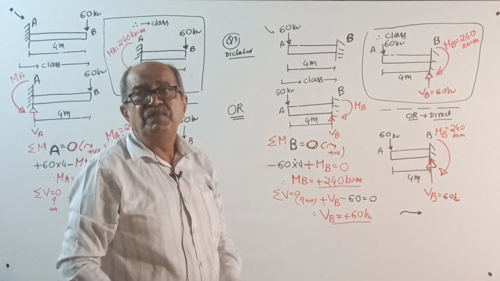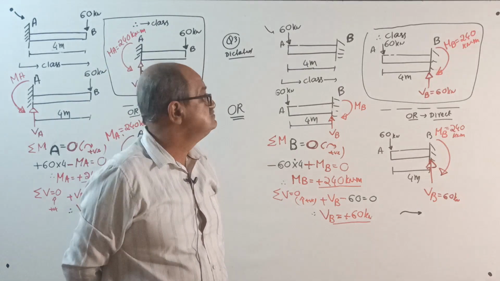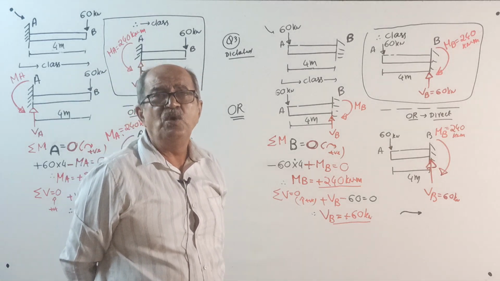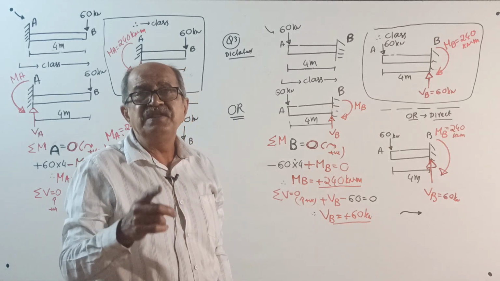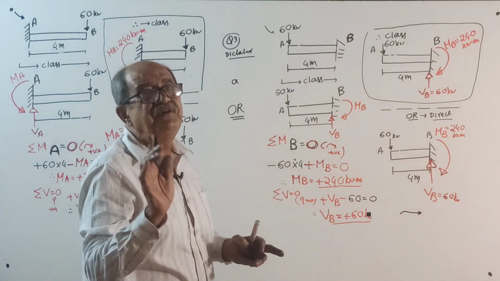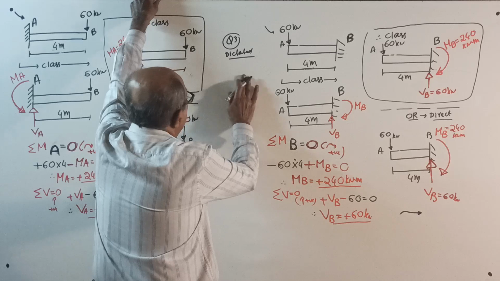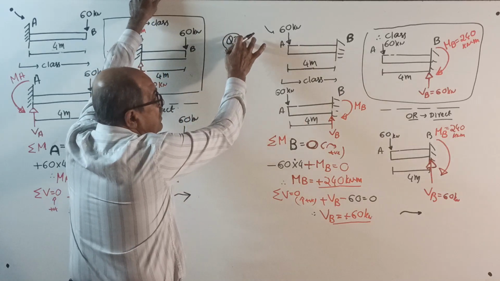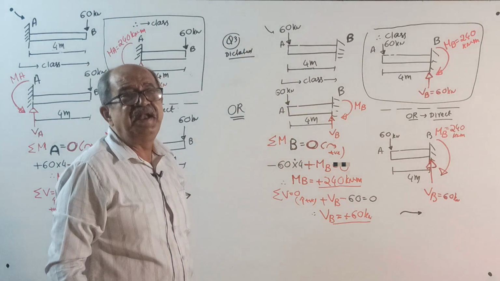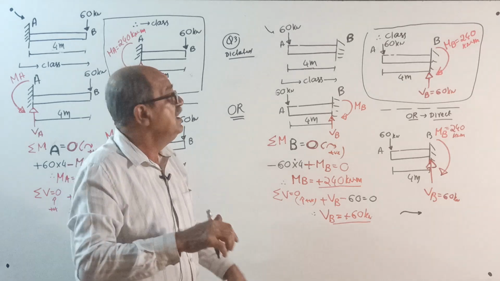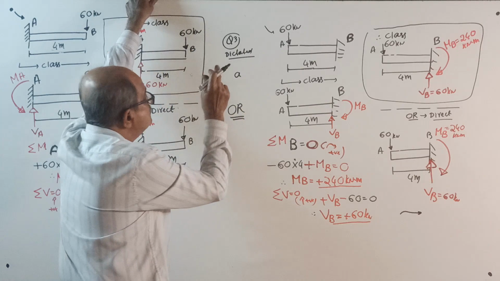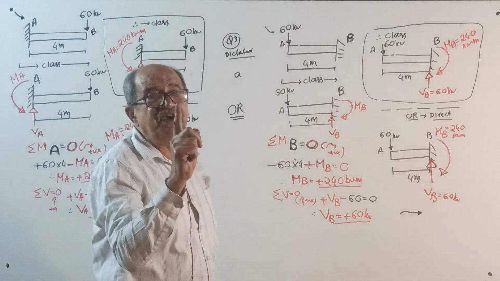A cantilever beam of length L, bookwork type, is loaded by a concentrated load W at a distance of small a from fixed end. See, write correctly. A cantilever beam of length L is loaded by a concentrated load of magnitude capital W at a distance of small a, not left and right end, small a from fixed end.